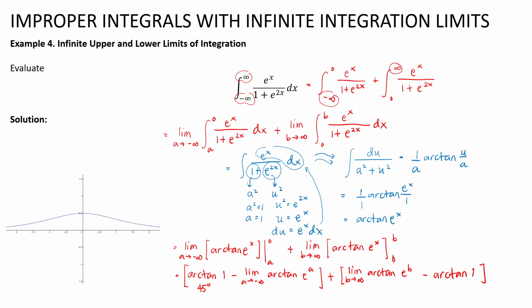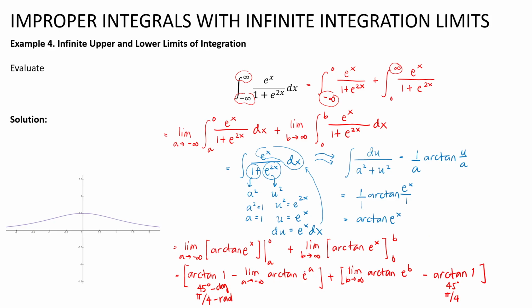But we're not dealing with degrees here in the limits, so shift the mode in your calculator to radian. Then if you evaluate arctangent 1 again, this will now give you pi over 4. So this is degrees mode, and this is radian mode: 45 degrees, or in radian mode, pi over 4.